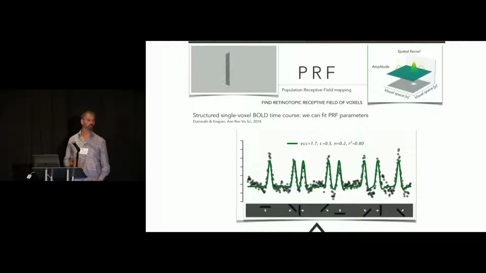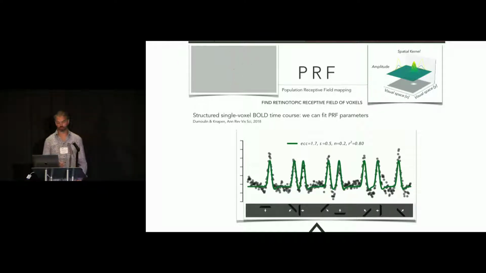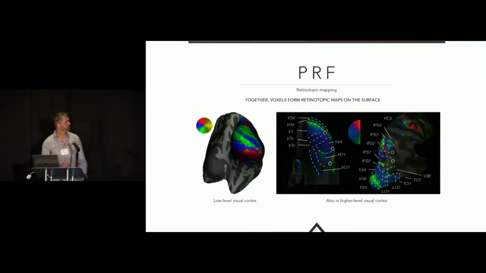So for every voxel, what we get is a set of parameters. And those parameters we can visualize then on the surface of the cortex, for example, to show, in this case, polar angle. So you can convert the polar angle of its visual field location to a color, and you see these nice polar angle progressions on the surface of the cortex, allowing you to delineate visual field maps.